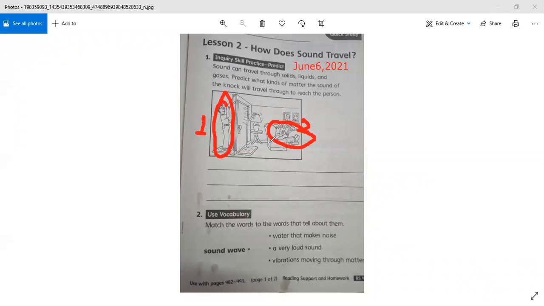Yassine, Kinda said here that the sound can travel through solid, which is the door, because the door is solid and the man is knocking on the door, right? So the sound will travel through solids only to reach the ears of the other man, or through something else?